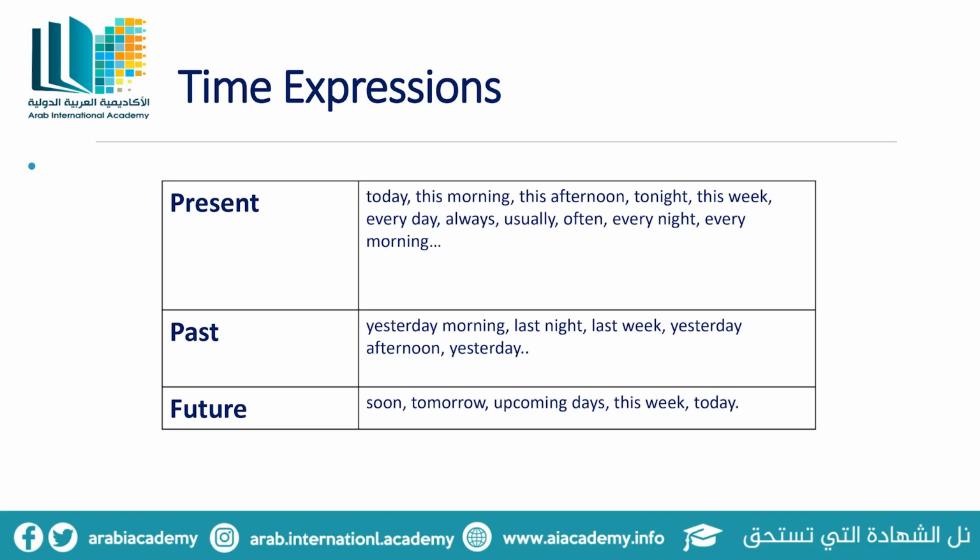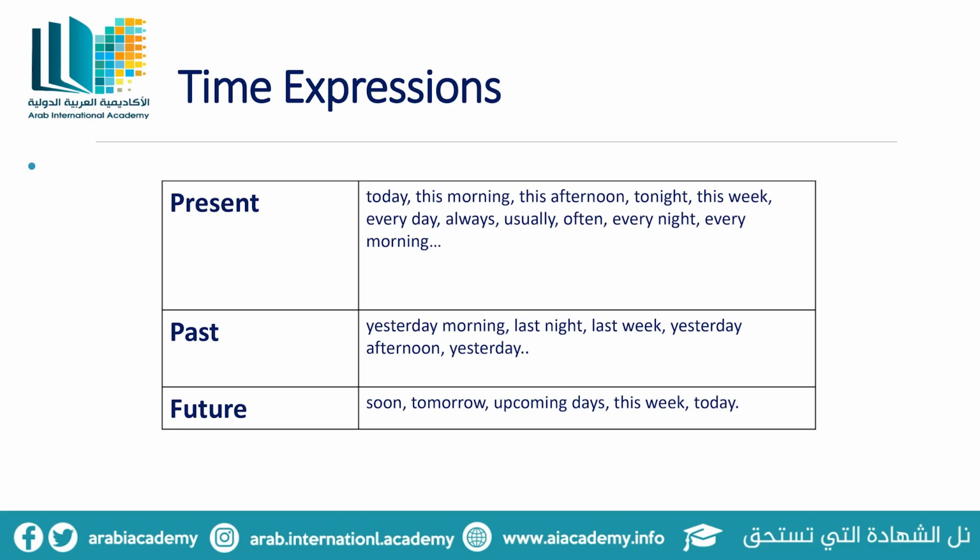As you can see, we have today in the future tense and today in the present tense. So in this case, you have to understand the meaning of the sentence. The action may happen today, for example, at night.